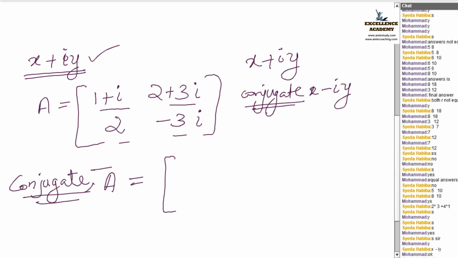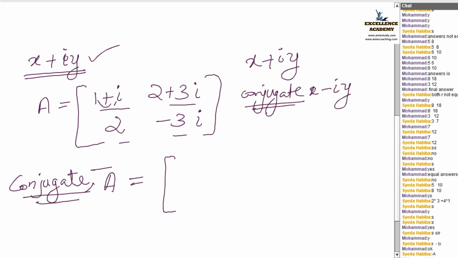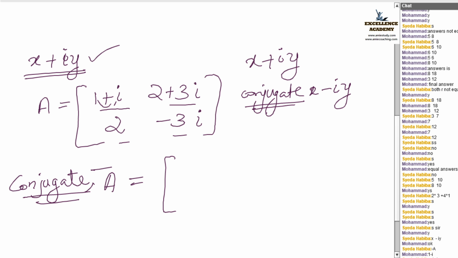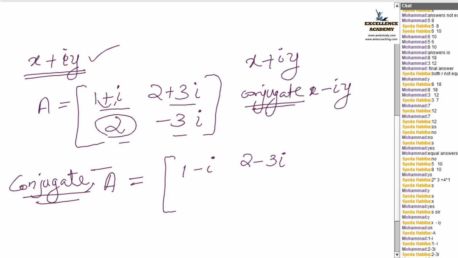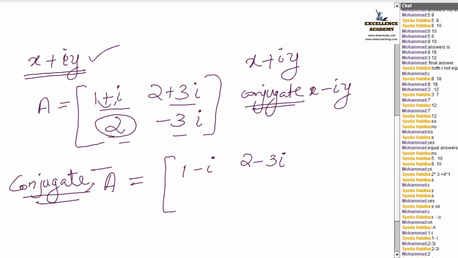It will not be minus A. Wherever you have an imaginary part, you should convert it into minus i. That is 1 minus i, 2 minus 3i. Here you can see, if you had written it as minus A, it should have been minus 2, isn't it?